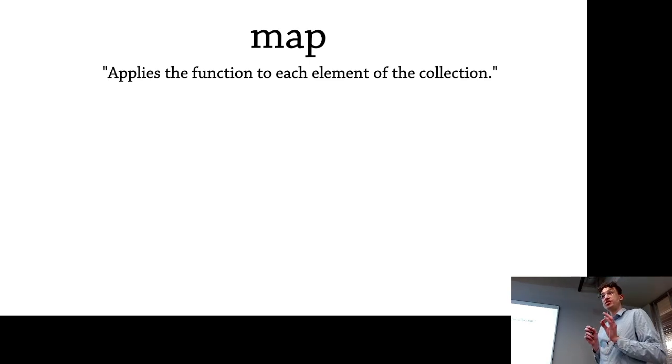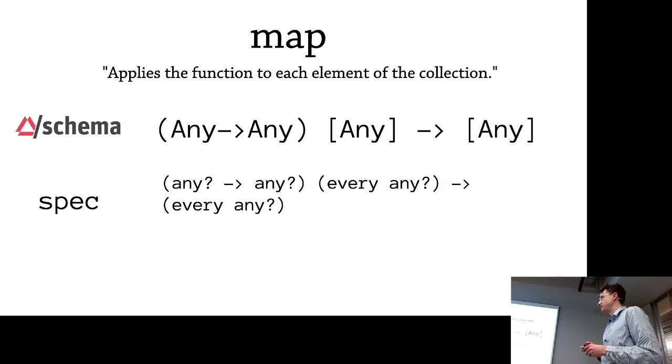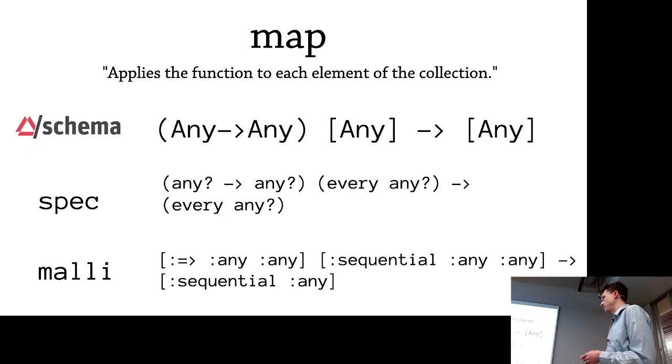So how do we spec map currently today? In Schema, it looks like this. You take a function of any to any and a collection of any, and you get anything. In Spec, it's the same thing. And in Malli, it's the same thing.